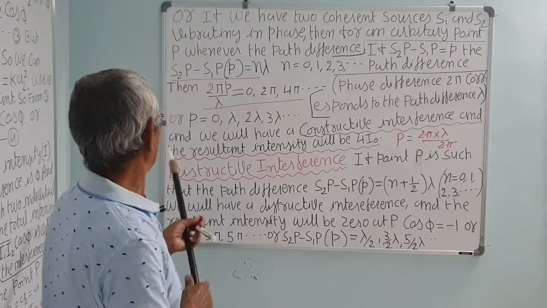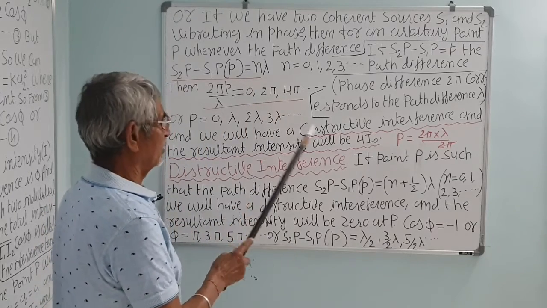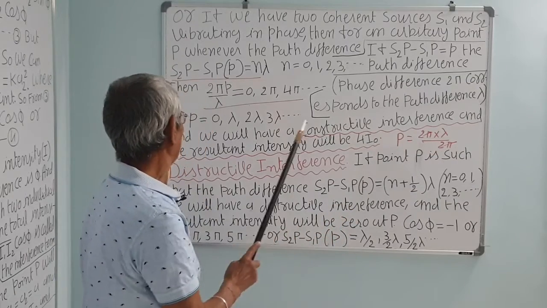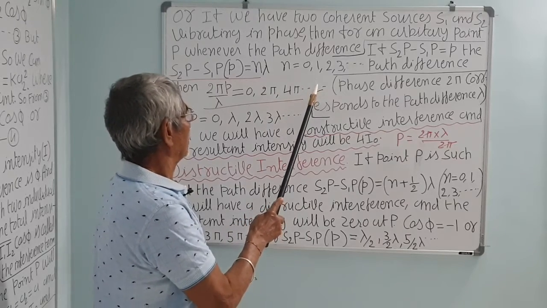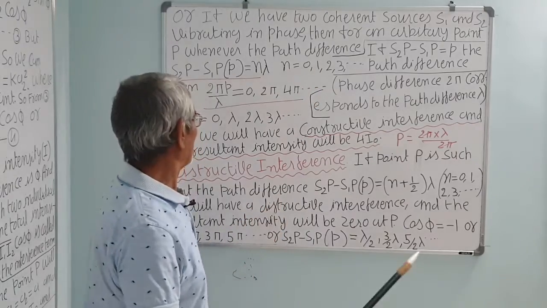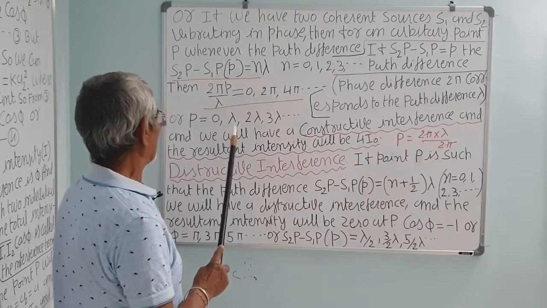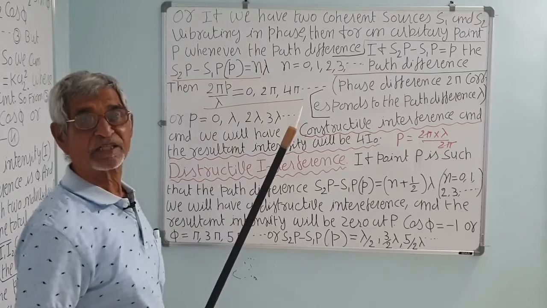Or if you put 4 pi, then 4 pi upon 2 pi is 2 lambda. Or 6 pi, 8 pi, 10 pi, 12 pi and so on, that is, even multiples of pi, or integer multiples of lambda, 0, lambda, 2 lambda, 3 lambda, then there is constructive interference.